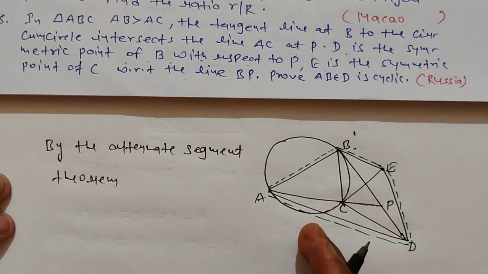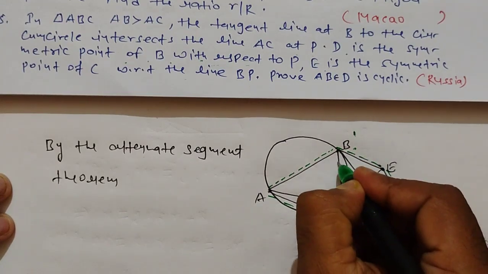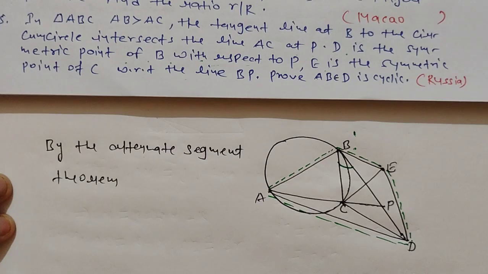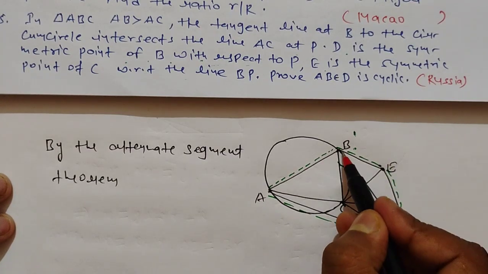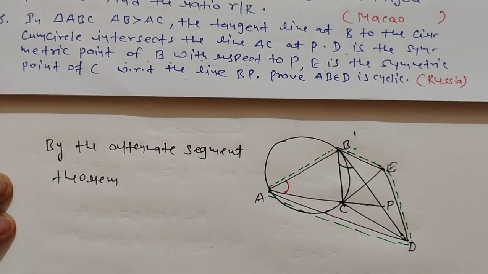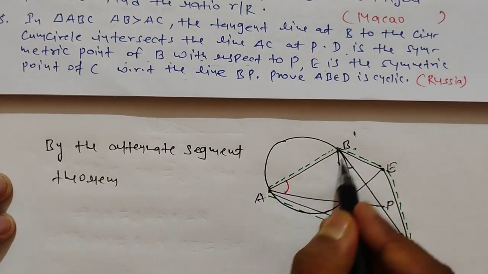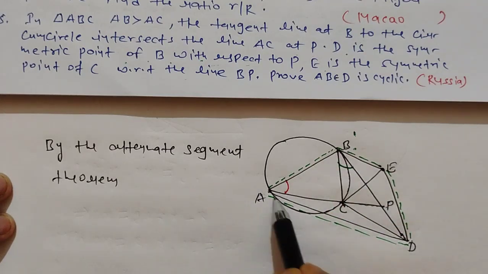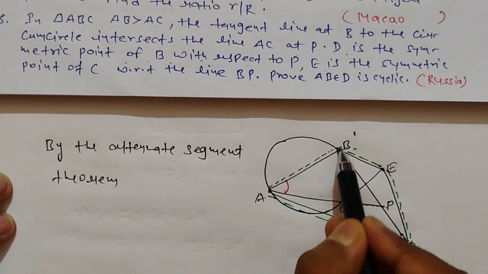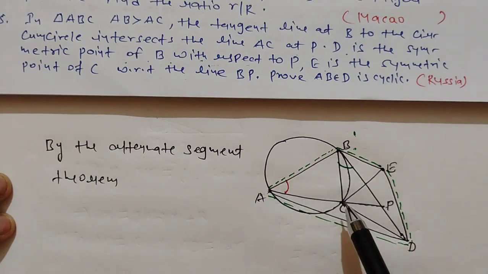Angle PBC, this is the angle PBC, means this angle, the angle BAC, this angle, and angle PAB, which is equal to angle BAC. Both the angles are the same.